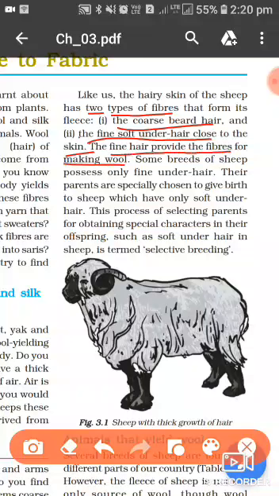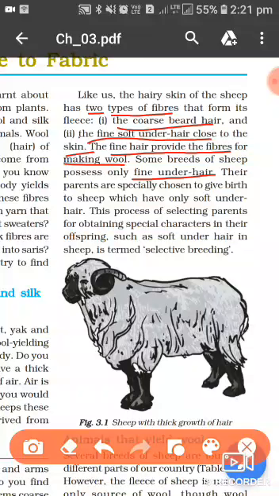Now some breeds of sheep possess only fine underhair. Another point we have to remember is that there are various types of sheep present in different parts of India, our country. While we take wool from all these sheep, there are different types of fibers that we get from them. Some sheep have only fine underhair.